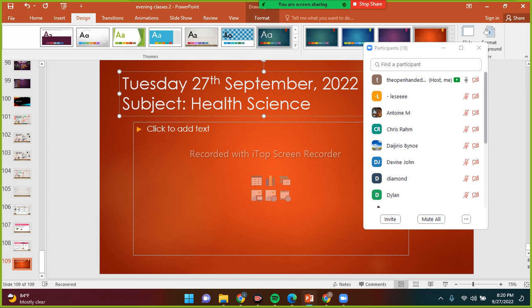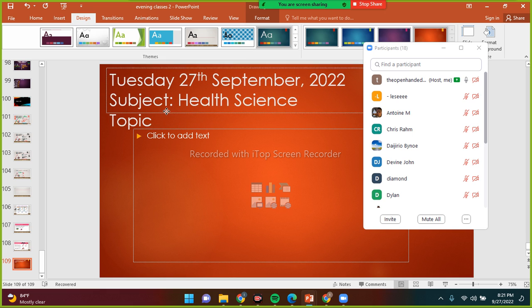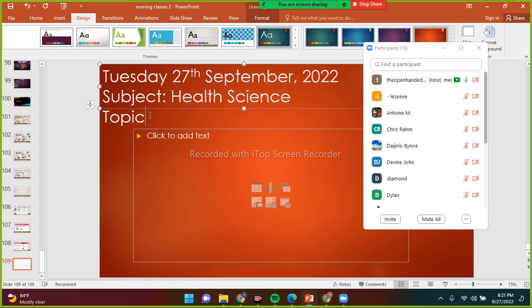All right, so with this topic, I want us to look at levels of organization in the human body. Have we talked about levels of organization? I don't know if we've done that. We should do that.